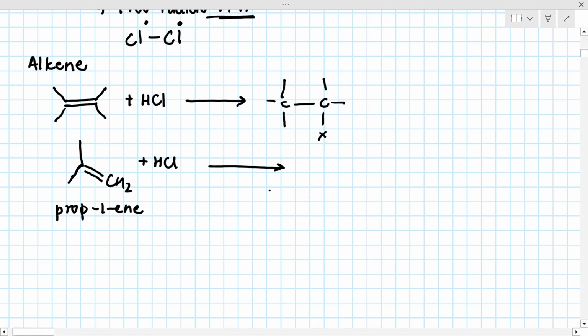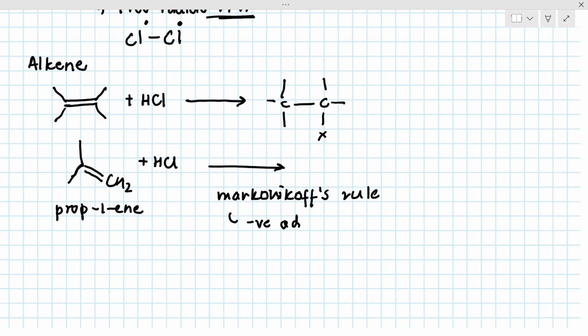What is Markovnikov's addition? This is something which we have studied in GOC also. Markovnikov's rule says the negative addendum always goes to the carbon that has fewer H. What is the negative addendum?